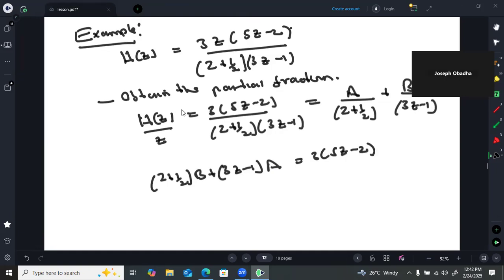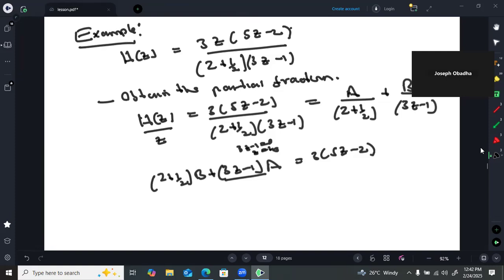So the usual way of obtaining the partial fraction is to reduce this to 0. That is, 3z minus 1 equal to 0, z equal to a third.